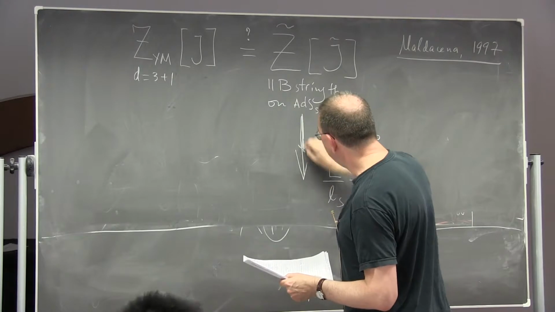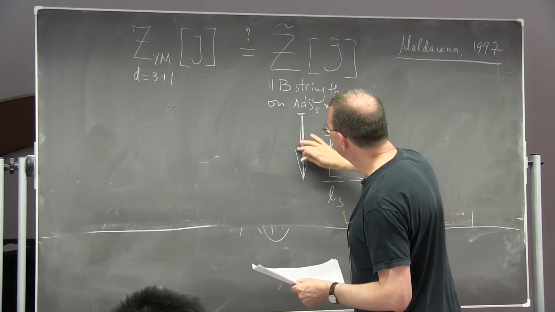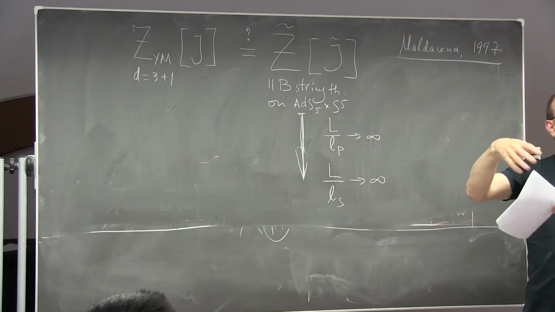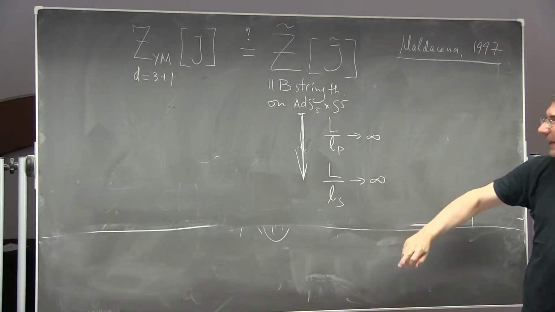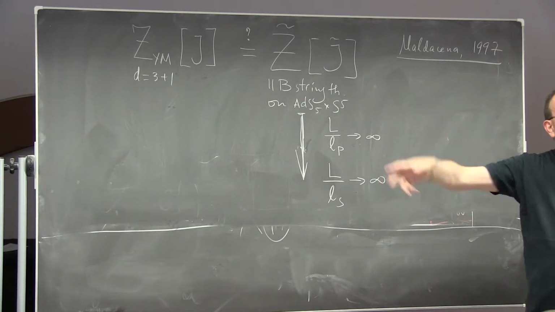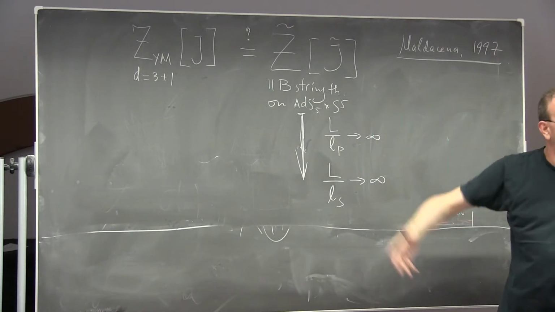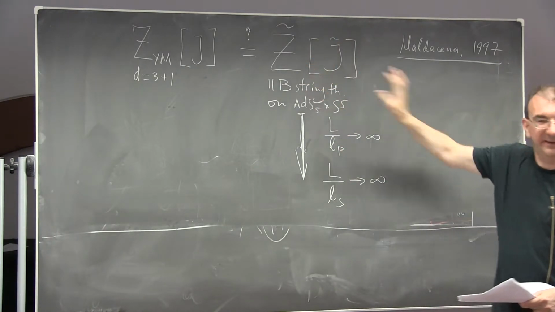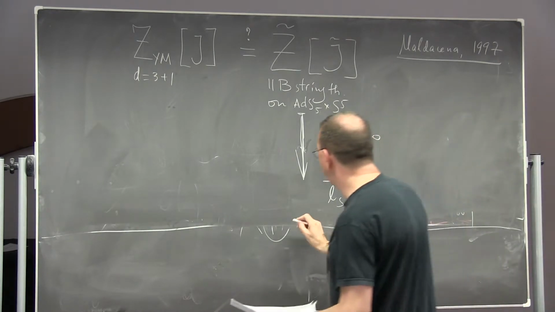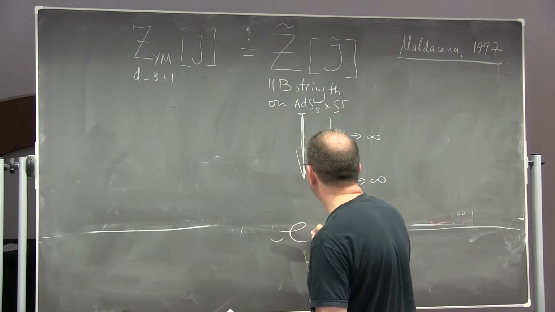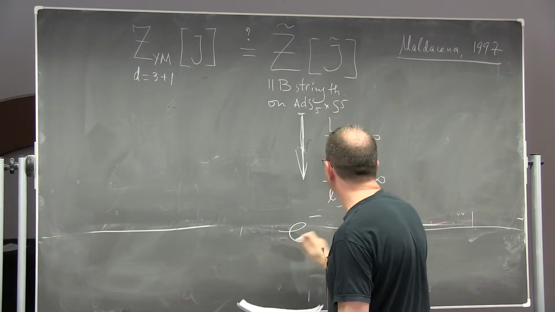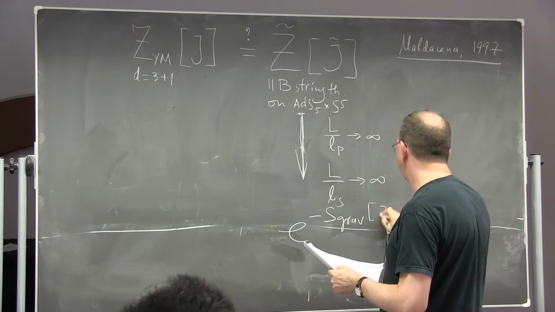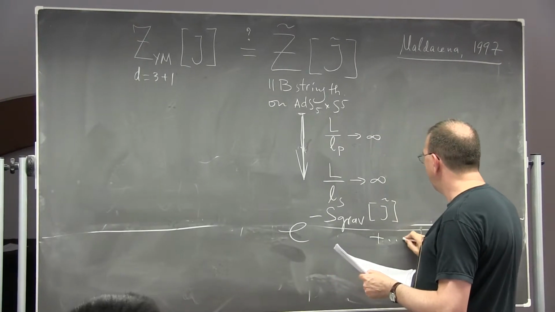If you take this limit, it means that you neglect the complicated string geometry, and this limit means that you neglect quantum gravity loops, which you still don't know how to calculate anyway. So if you take these two limits, out of this Z, what survives is e to the minus S gravitational, which depends on this J tilde, plus some corrections.